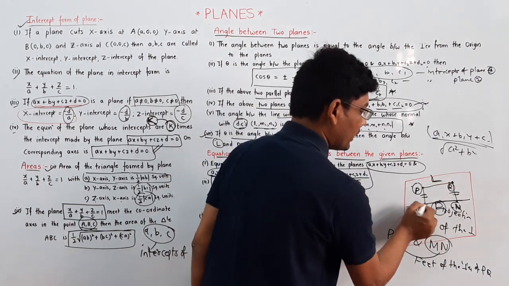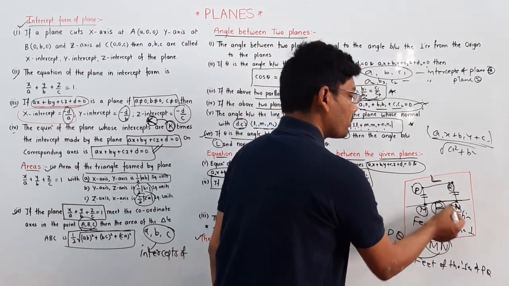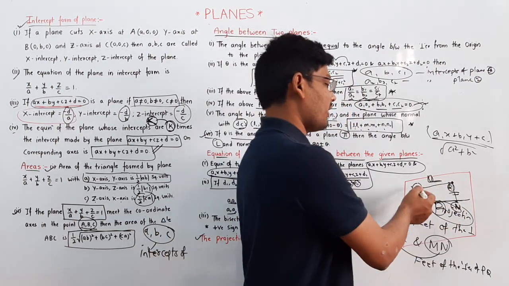If you join the points M and N, again we are forming a line. This is the projection of the line PQ. MN is the projection of line PQ.